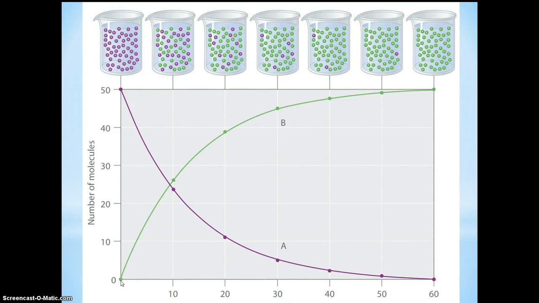In reverse, B, the product, is 0 at the very beginning. But when time goes by, the concentration of the product increases until it reaches a maximum point, and then the reaction simply stops here. So you notice these two curves should be quite similar.